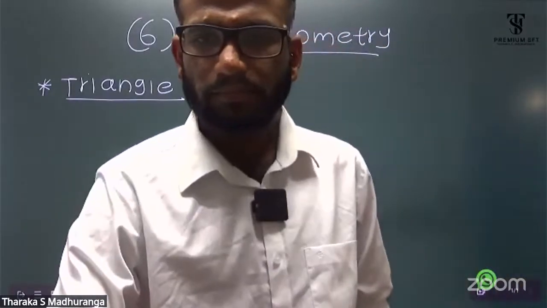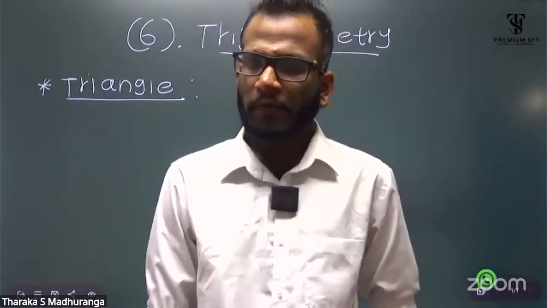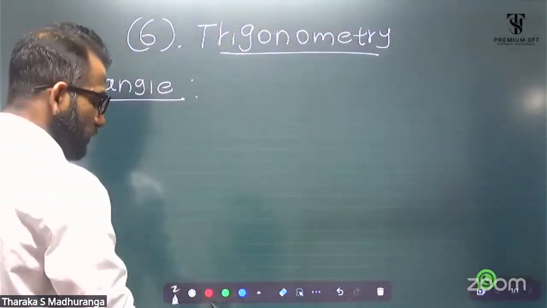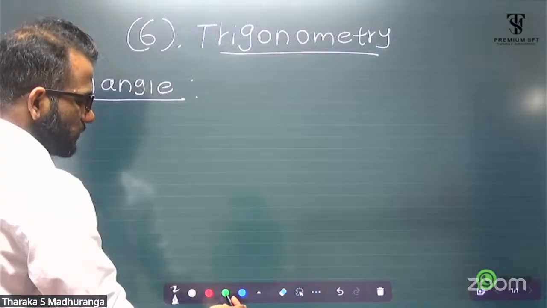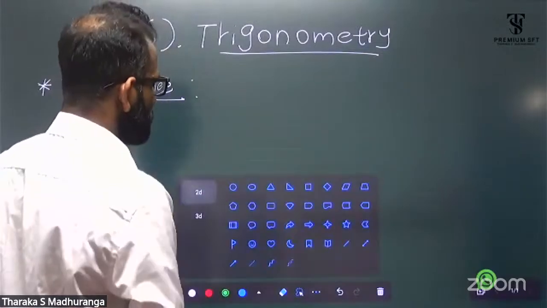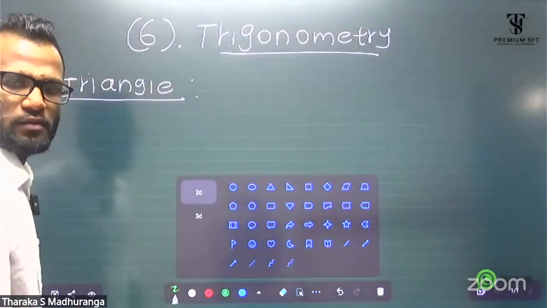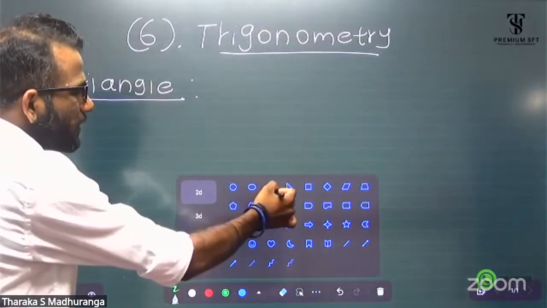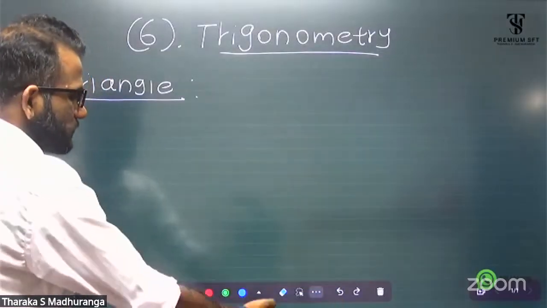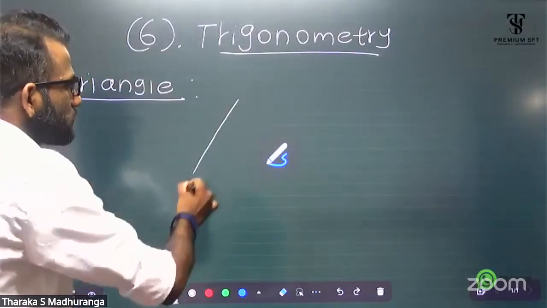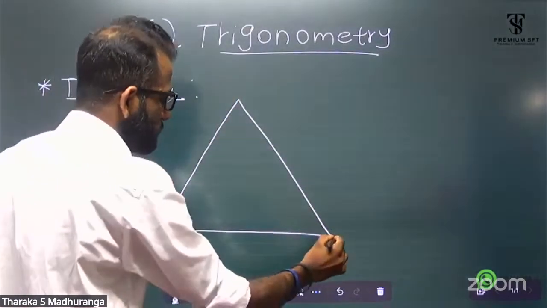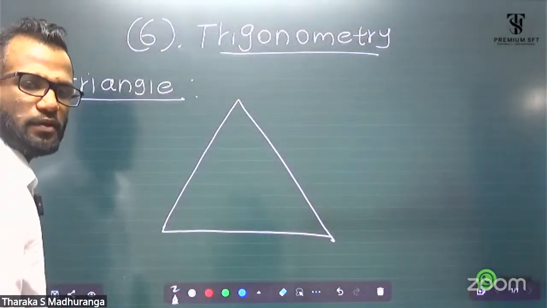A shape made up of three sides. Is it a 2D shape or a 3D shape? Yes, a triangle means a 2D shape.